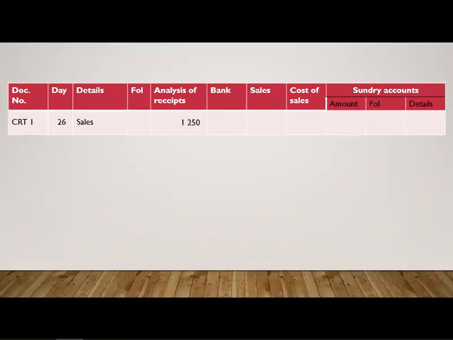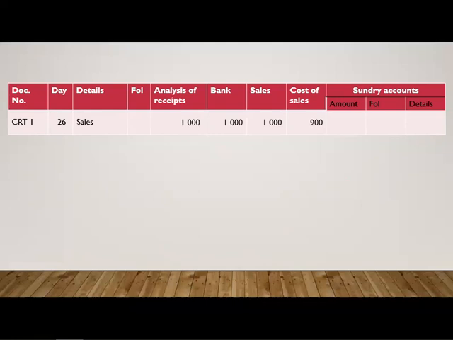Okay, it's CRT 1, 26, sales, and under analysis we have 1,000, under bank we have 1,000, under sales we have 1,000, and under cost of sales we'll have 900.